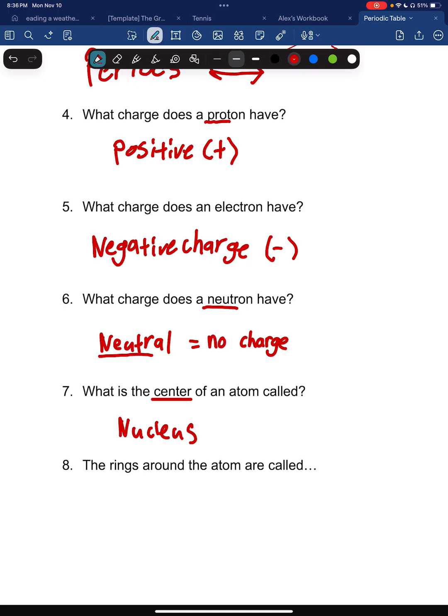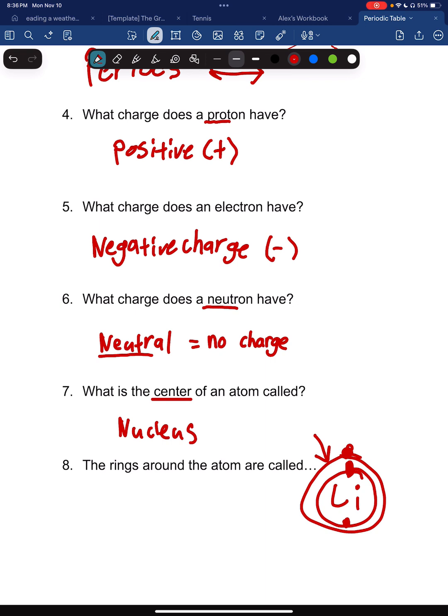So if we have, let's say, another lithium Bohr model. Got 1, 2, 3. Okay. These rings, those rings, that's what they're talking about.